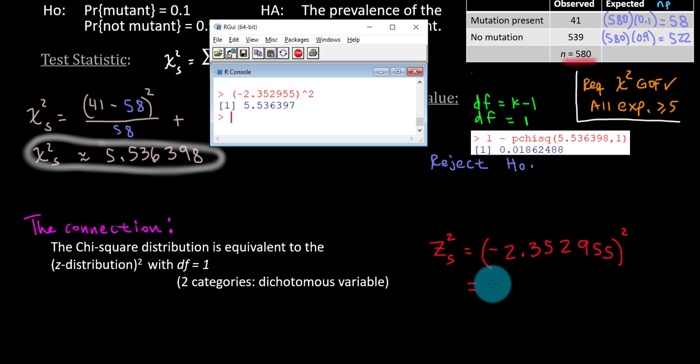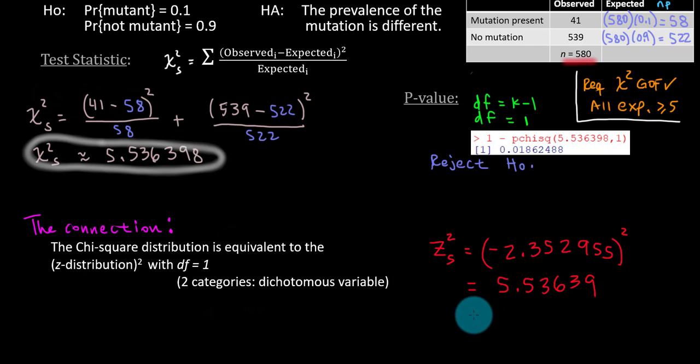Yes indeed, this equals about 5.536, which is the chi-square test statistic value for this example. This is not really a proof, but hopefully a sufficient illustration that demonstrates that the chi-square distribution is the square of the standard normal distribution. Furthermore, we did another example of a goodness of fit test with only two categories.